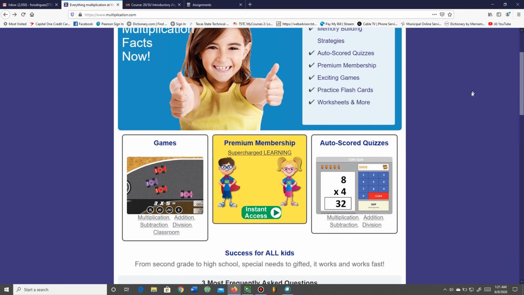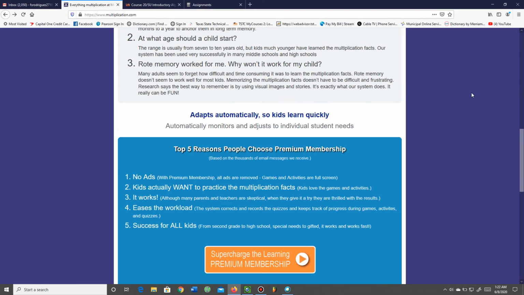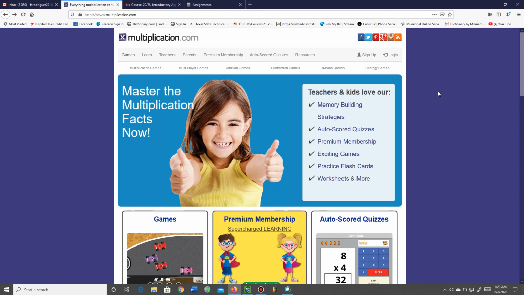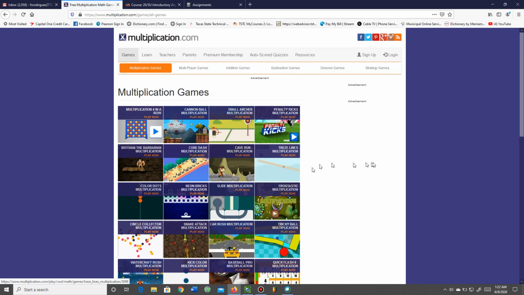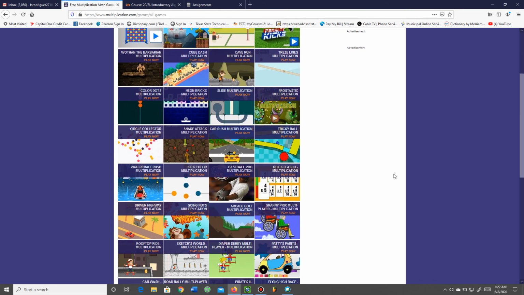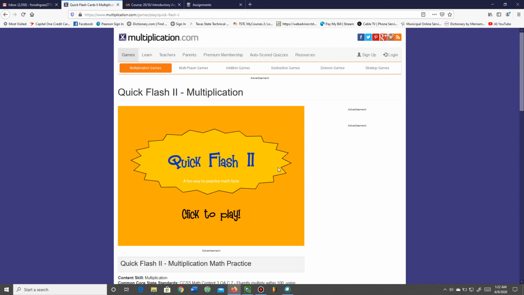Just type it in, and this is what you want to see. And then from here, just go to games, because we don't want to do anything else. We just want to go to this right here, and from here just choose quick flash, this right here, quick flash 2, and click on it.